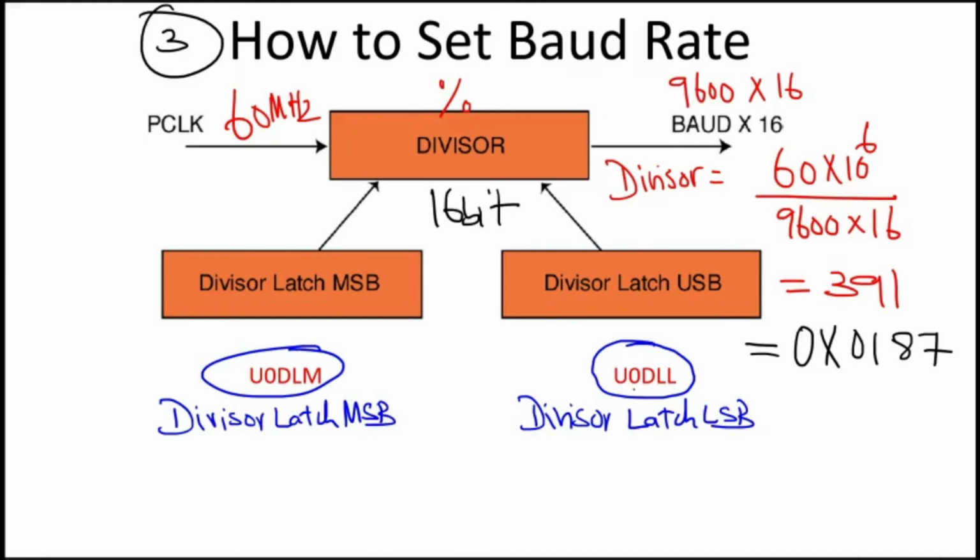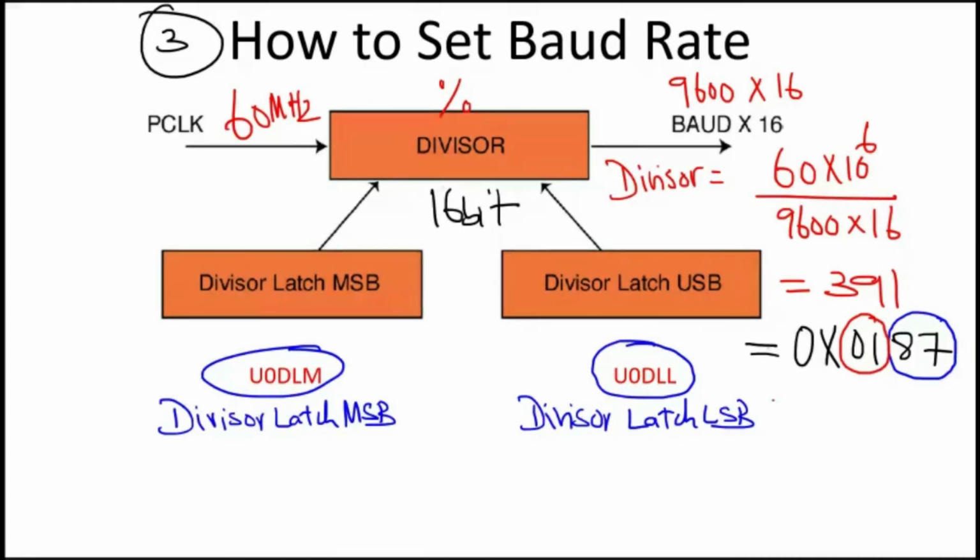The words LSB and MSB are misleading. We are not dealing with bits here. This simply refers to the first 8 bits of the 16-bit divisor. DLM stands for the next 8 bits of your 16-bit divisor.